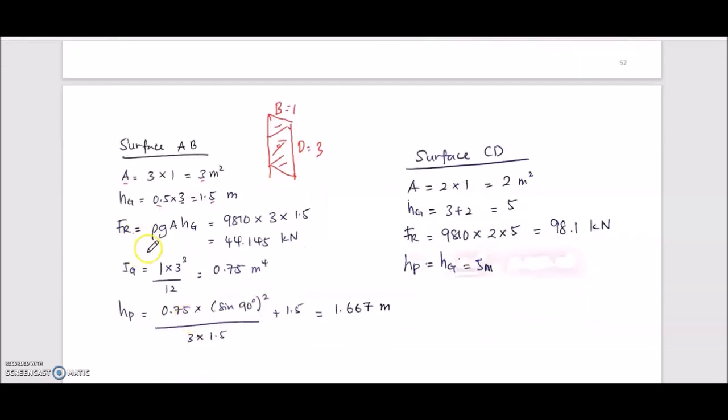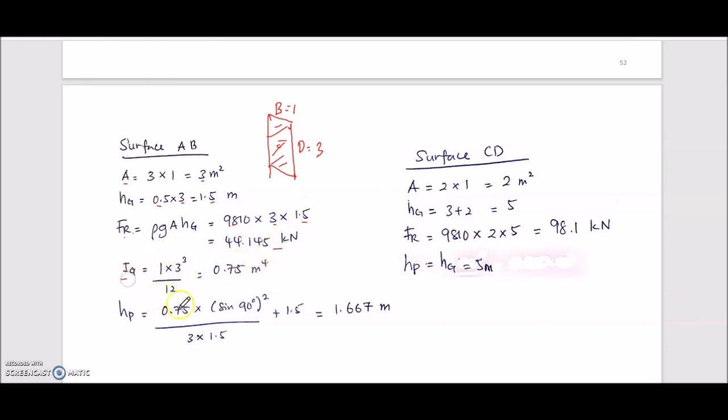For the resultant force, we have rho g A hg, where rho g is 1000 times 9.81, so 9810 times 3 for the area, times the center of gravity 1.5.